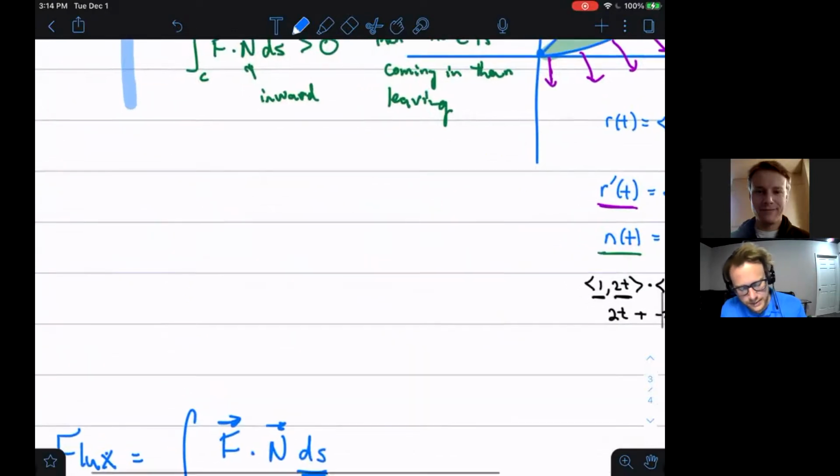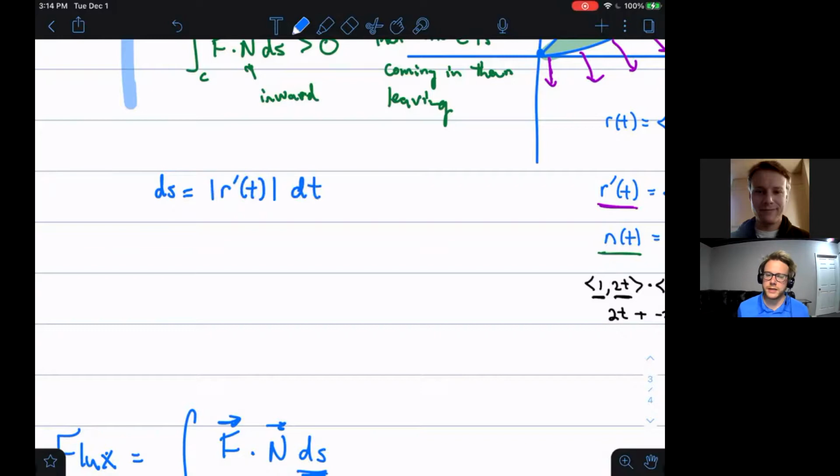So ds back in our 16.2 days was equal to the magnitude of r prime of t dt. This was the transformation that we needed to use. And remember, ds right here is just like a small step, right? S being the parameter, the variable that's typically used for arc length. You can think of this as a small step or a small distance.